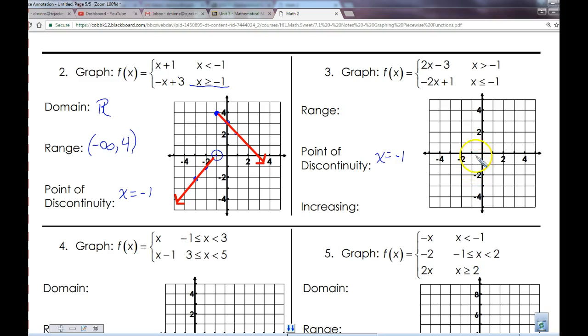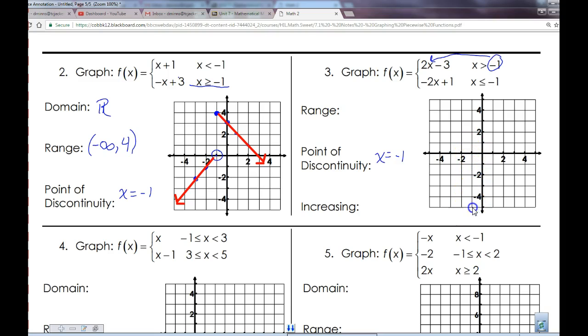So let's look at two pieces. Again, I don't know why, but I always look at the right-hand piece first. And this time, here's the right-hand piece. For x's greater than -1, we have 2x minus 3. So let's first plug in this -1 right here. 2 times -1 is -2, minus 3 is -5. So we are down here at -5 right here.